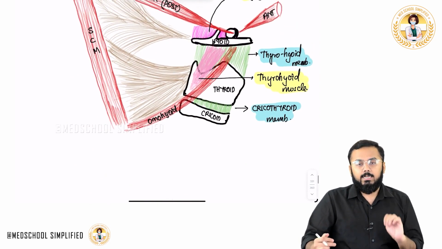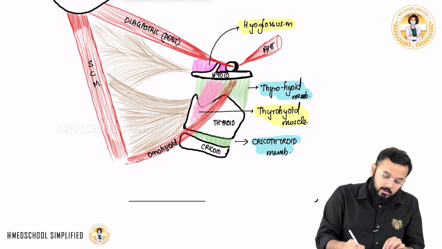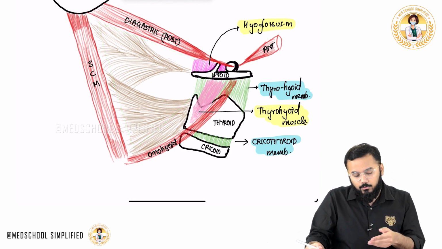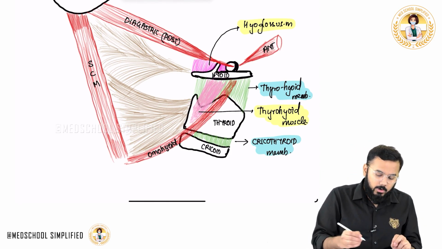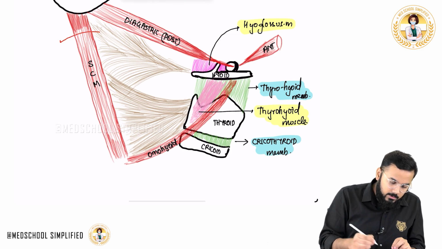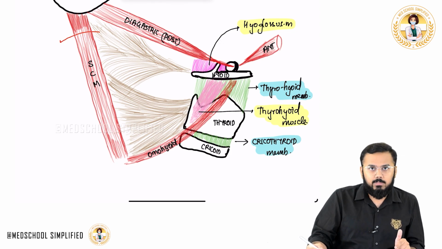Now let us look at the contents. But before we discuss the contents, the triangle which you can see right now is your carotid triangle. Now in the floor of the carotid triangle, you can see two important muscles. This particular muscle over here is called the middle constrictor muscle.